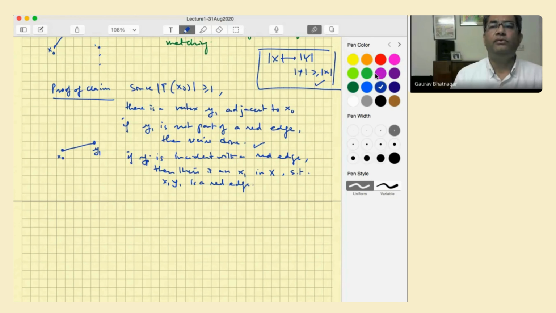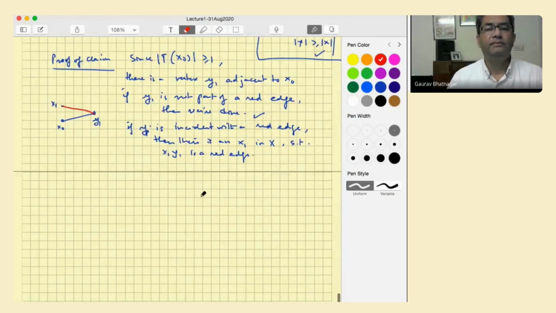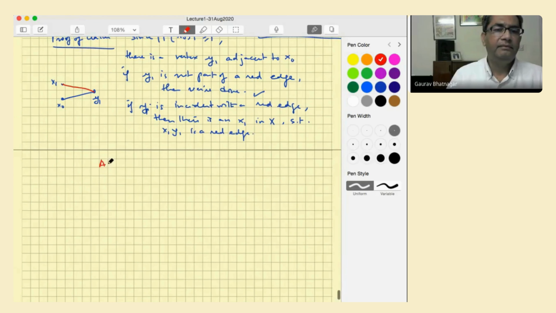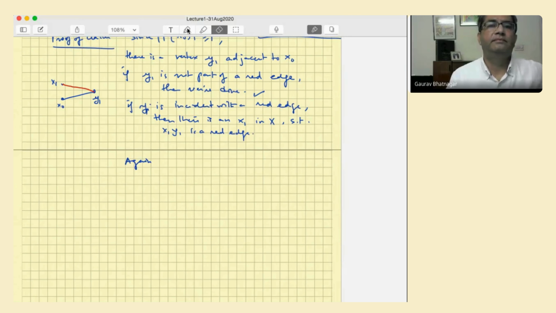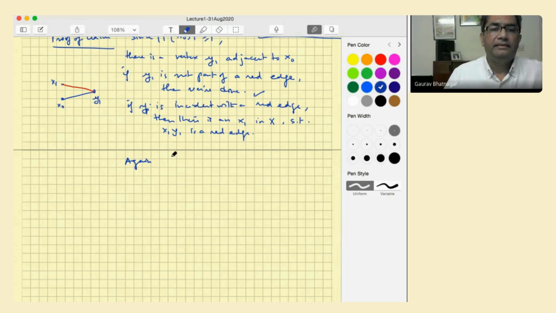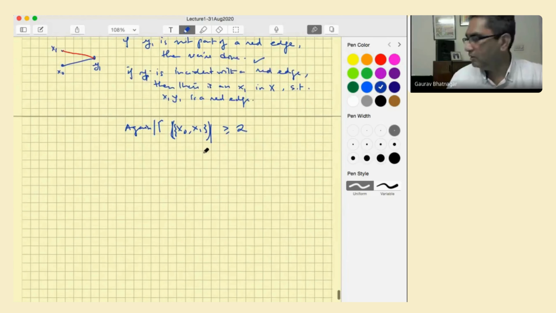Again, gamma of x0, x1 is bigger than or equal to 2 by this condition.